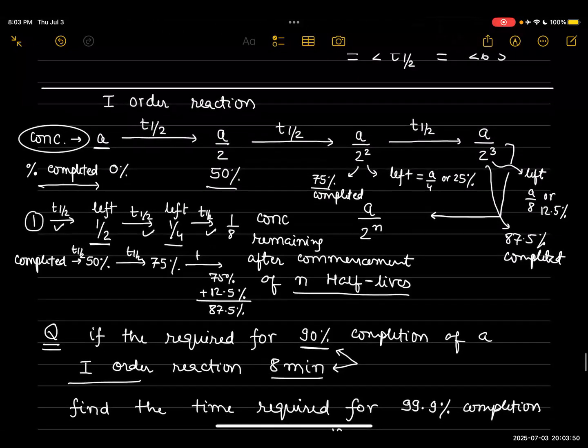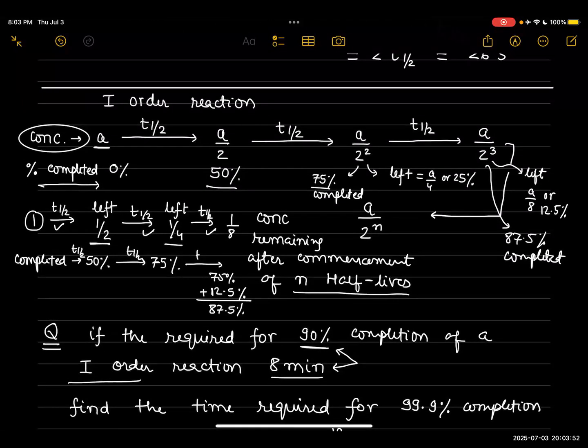And also I discussed how much amount is left after you cover a time period equal to n times the half-life. So in the first half-life, the substance gets halved; in the second half-life, it becomes half again. After one half-life, after two half-lives, after three half-lives, right?